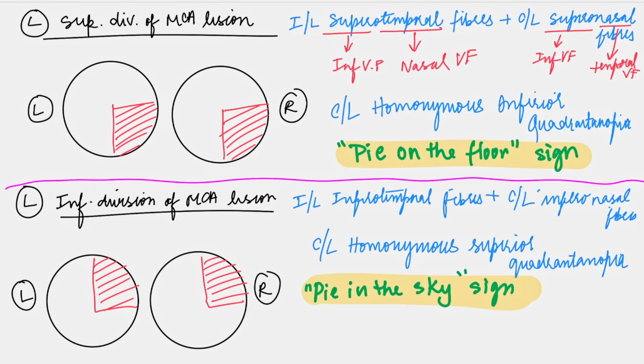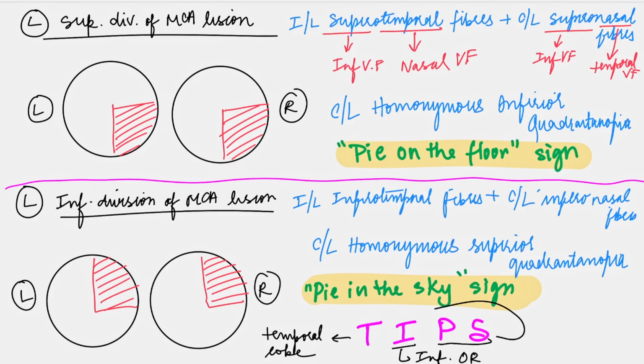There's a very nice way to remember this. You just have to remember TIPS. What does TIPS stand for? T stands for temporal lobe. I stands for inferior optic radiations.